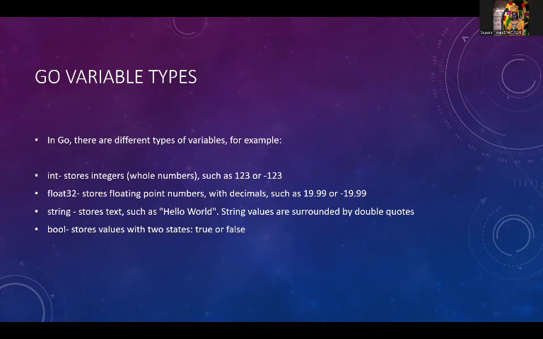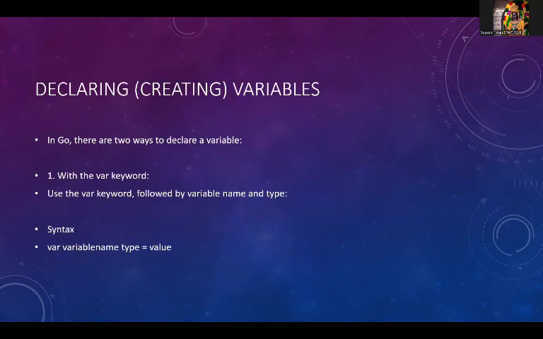Then only can they store a string within that variable. String values are surrounded by double quotes, which we need to take care of in Golang. The other one is Boolean, which has two states, true and false. All these variable types have a similar structure and format to those in other programming languages.